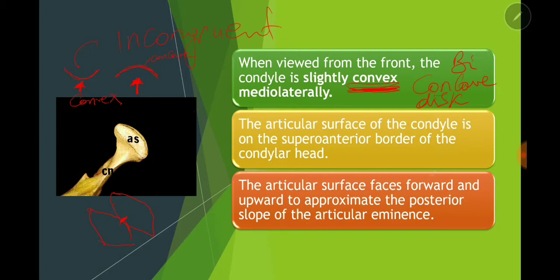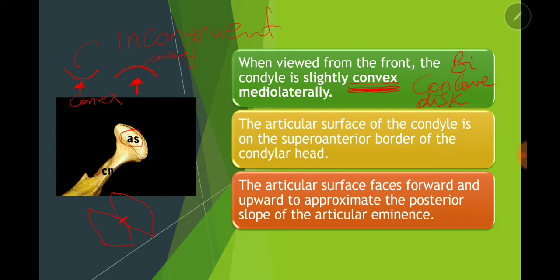The articular surface of the condyle is on the anterior superior border of the condylar head. That's AS, anterior superior. This correlates to the position of centric relation.